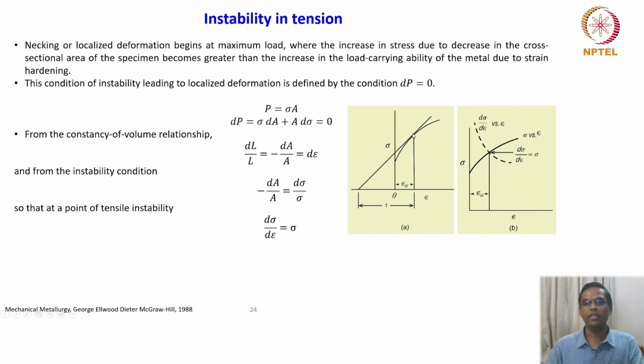That will indicate the maximum load, the point at which it is going to neck. Or the other way is to find the intersection where d sigma by d epsilon is equal to sigma, which is what we have found here. So either this or this, both of them will find the point of necking at maximum load.